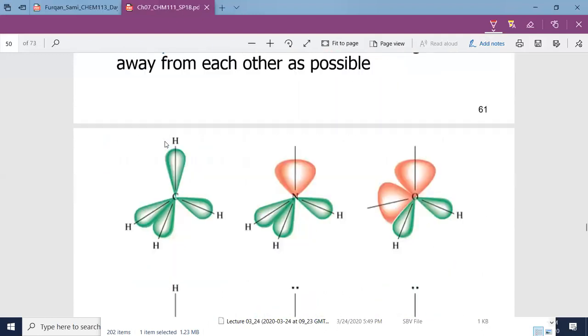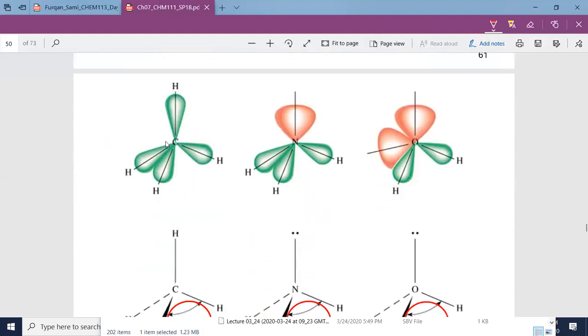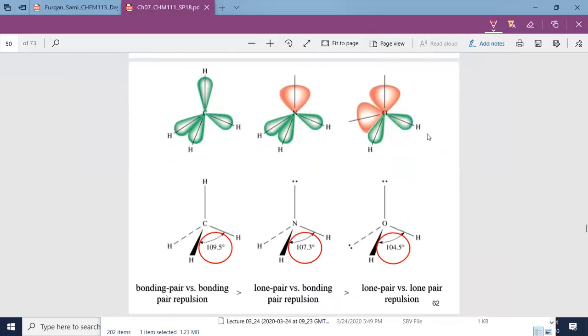When we talk about that, if you pay attention to these molecules here, what we are looking for is the bonds. If we talk about CH4, then we already know that there's going to be 4 bonds. The Lewis structure is going to look like this, but that's not the true shape of the molecule.